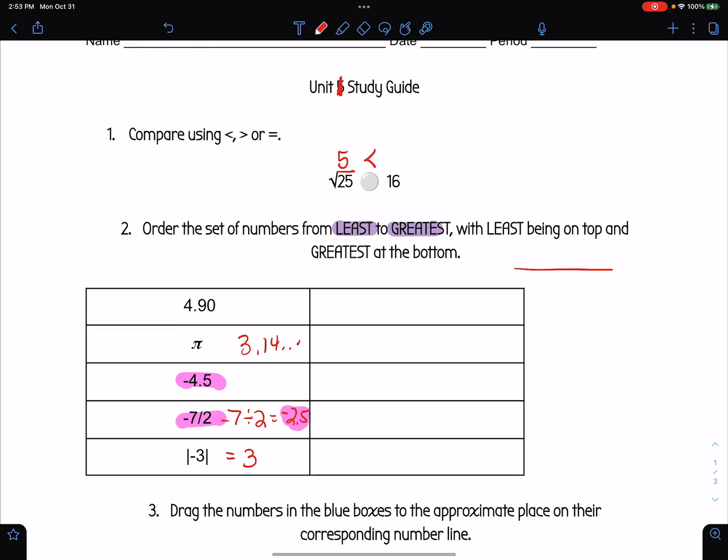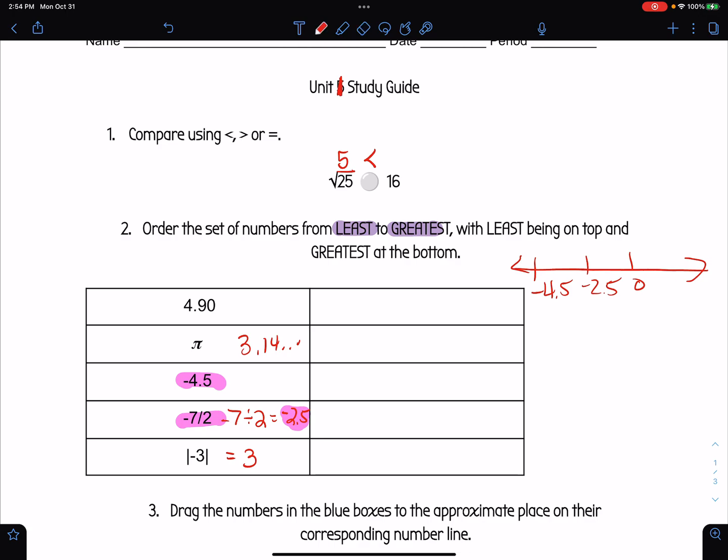On my number line, negative 4.5, negative 2.5, 0. So negative 2.5, which the computer is going to make you write as negative 7 halves. Then the next number, oh, look, I did it and drew it and then still wrote the wrong thing.